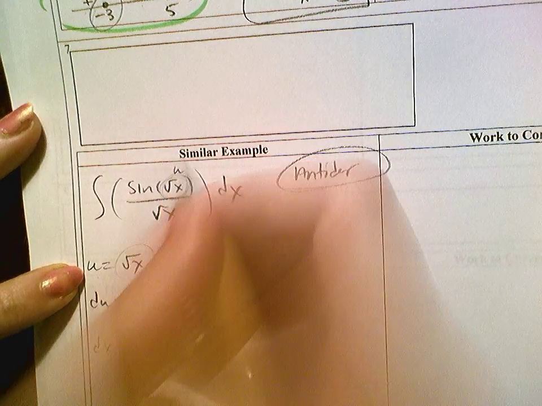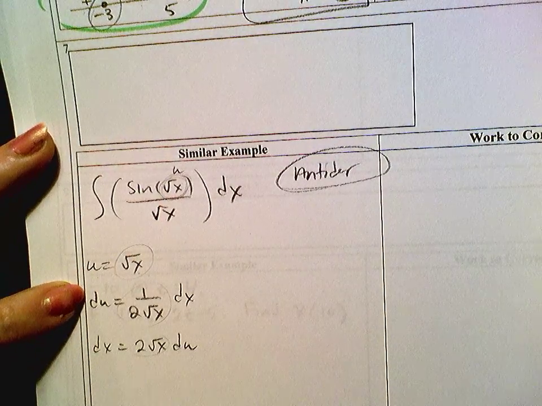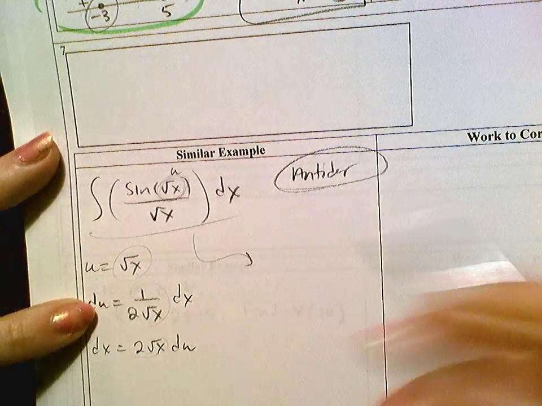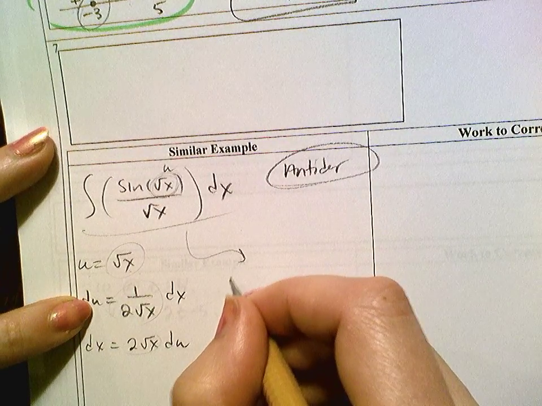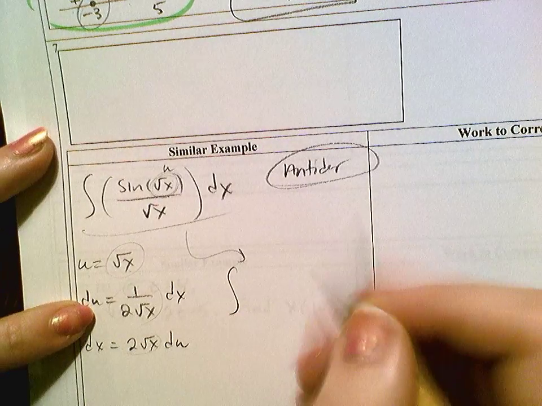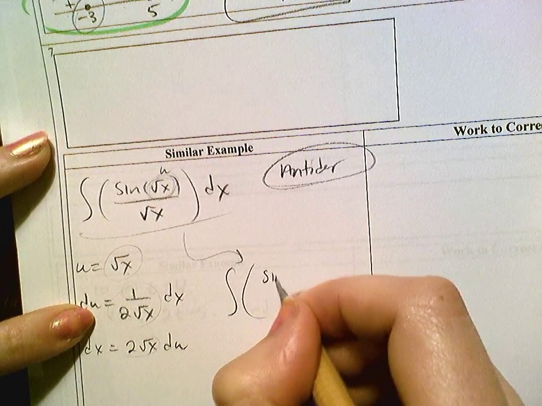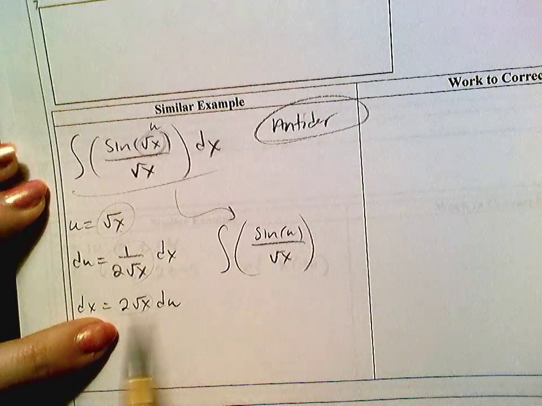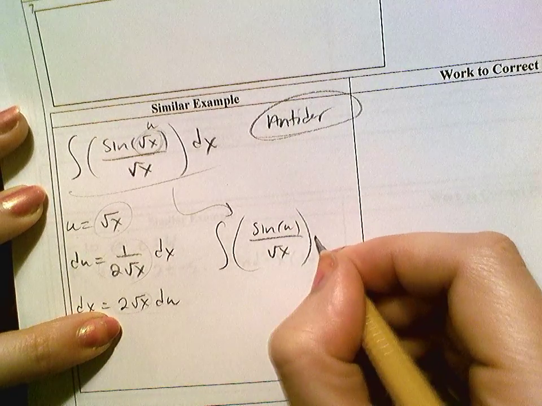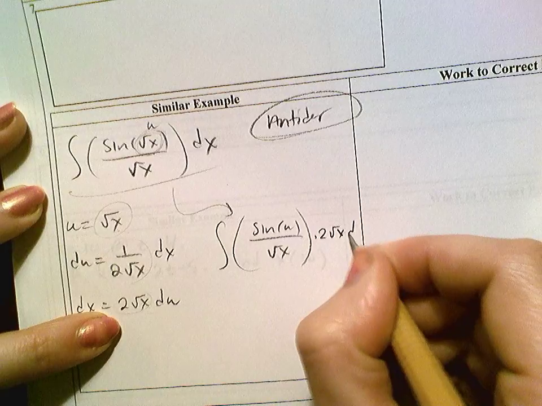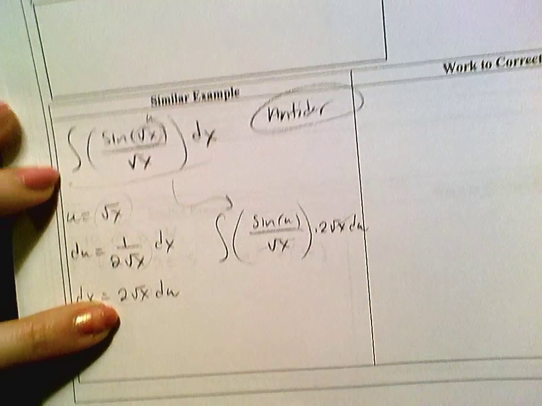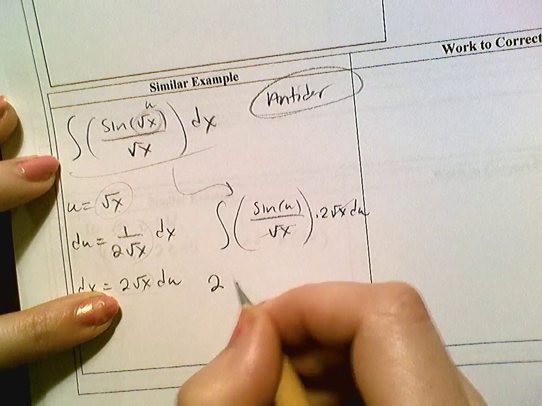So that's what the u is going to be, this one up here. This one is going to stay radical x, because if it doesn't, then I'll run into trouble because the x's won't cancel. So this is the integral of sine of u over radical x, and then I'm plugging this in for dx. So this is times 2 radical x du. And then this is exactly what I was talking about. So now those cancel. I'm going to pull the 2 out front.